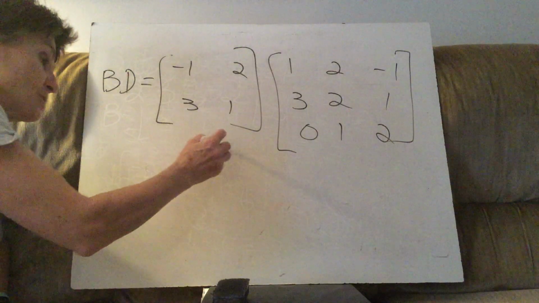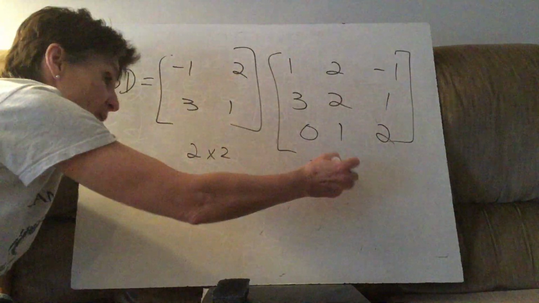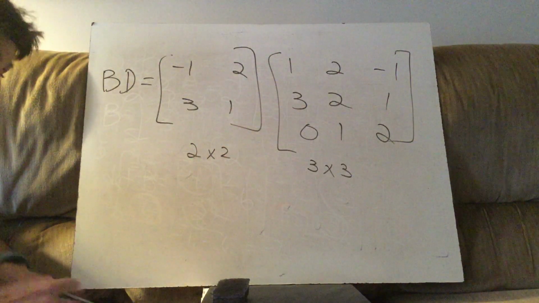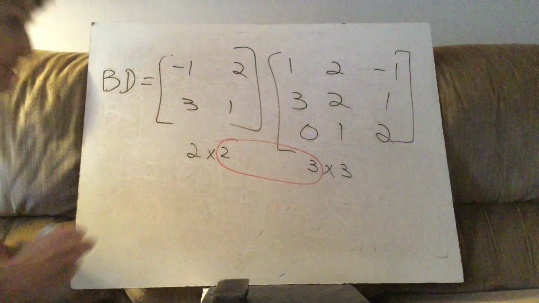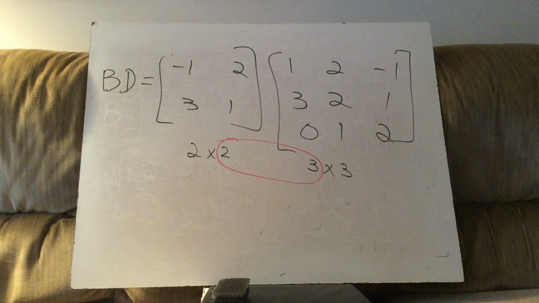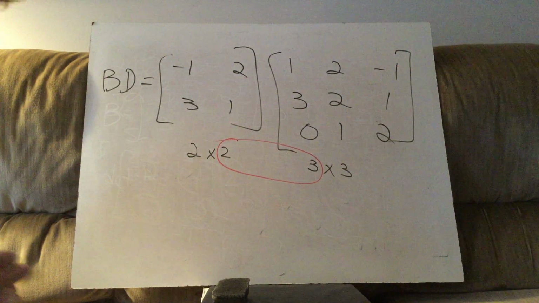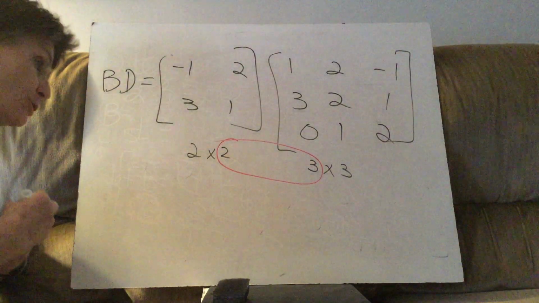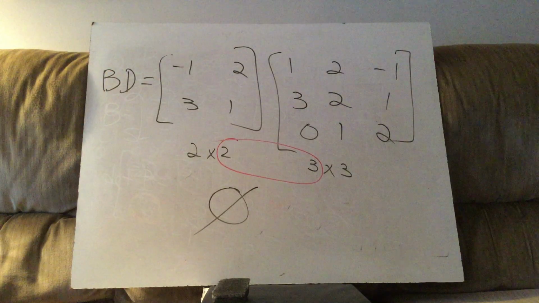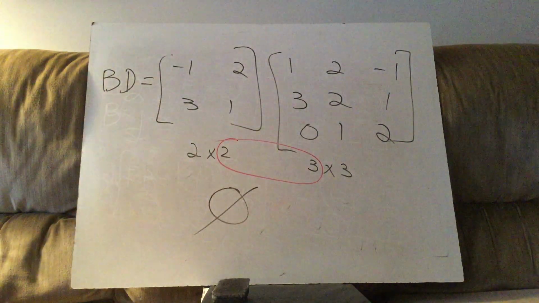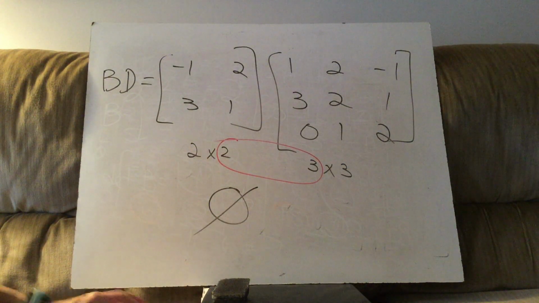Because this is a 2 by 2 and this is a 3 by 3. And what is our rule for multiplication? Our rule for multiplication is these two must match. They don't. So guess what? This is another can't do it. Cannot multiply because these two dimensions don't match.